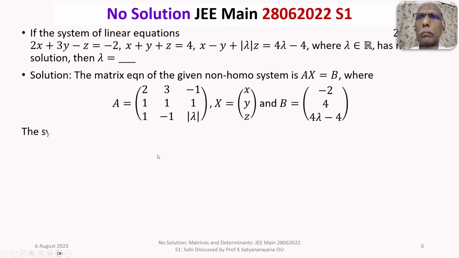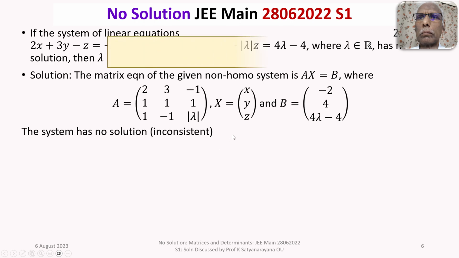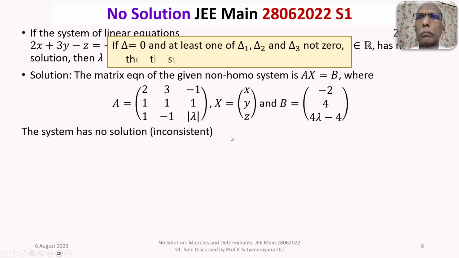The system has no solution, so to speak, it is inconsistent. Let's recall a result that we have studied. If delta is equal to 0, what is delta?